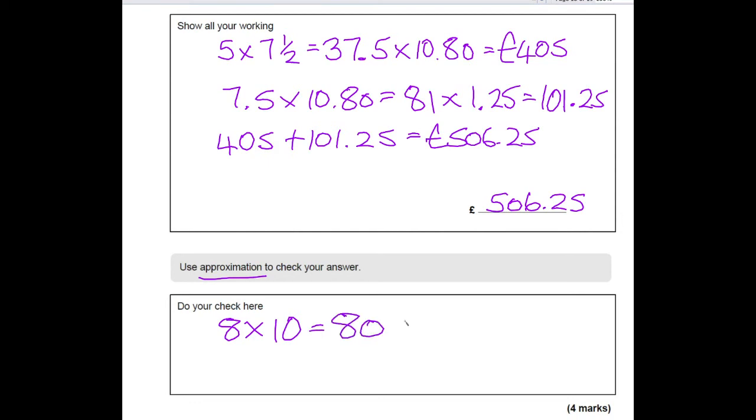So if she does 6 days this week from Monday to Saturday, 6 8s are 48 with a 0 at the end. So our approximation would give us £480 for the week. So question 11 is worth 4 marks, 3 marks for calculating her wage and 1 mark for the approximate check.